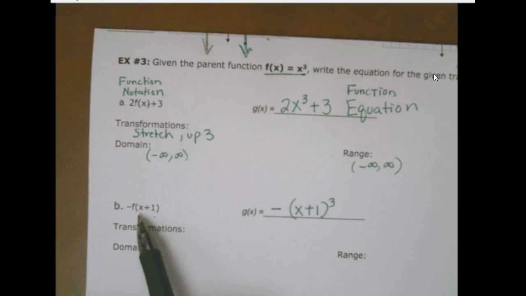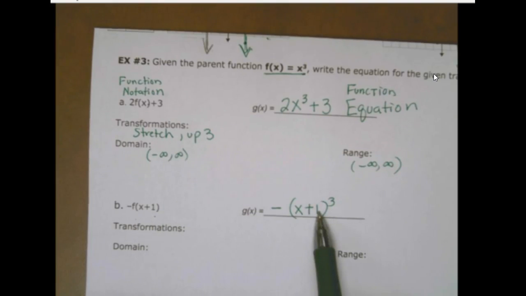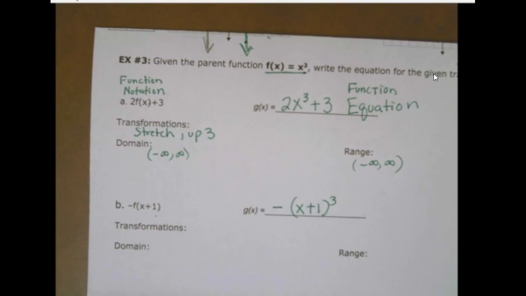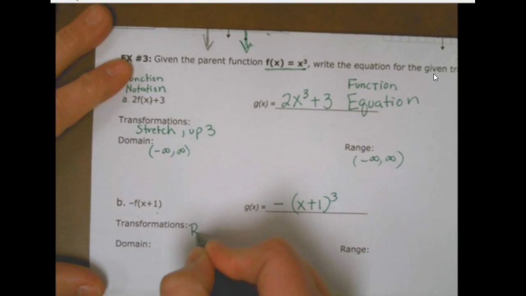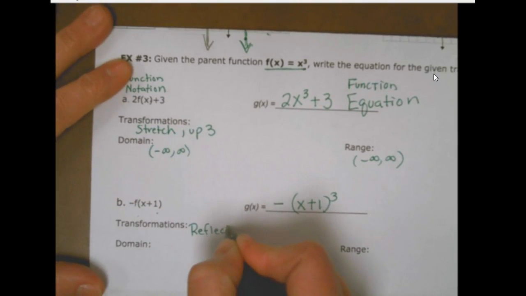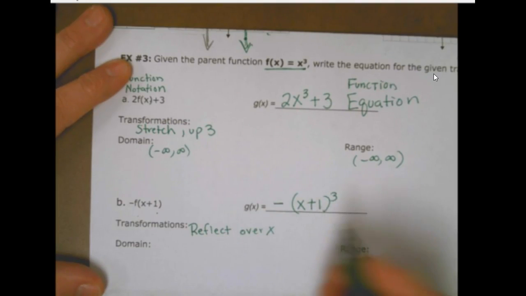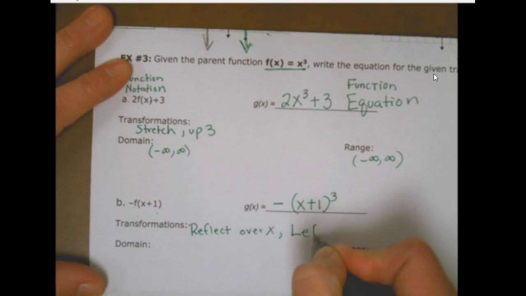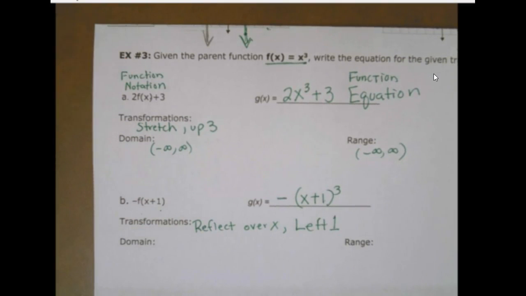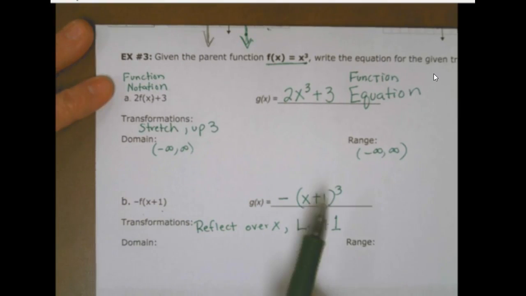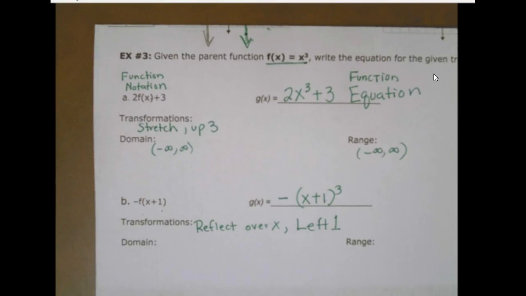Whether I have a generic function or a specific function, the negative out in front tells me to flip over x. What does the +1 tell me? Left 1 because x is still a liar. Whether it's in this form or this form, it's telling me left 1.